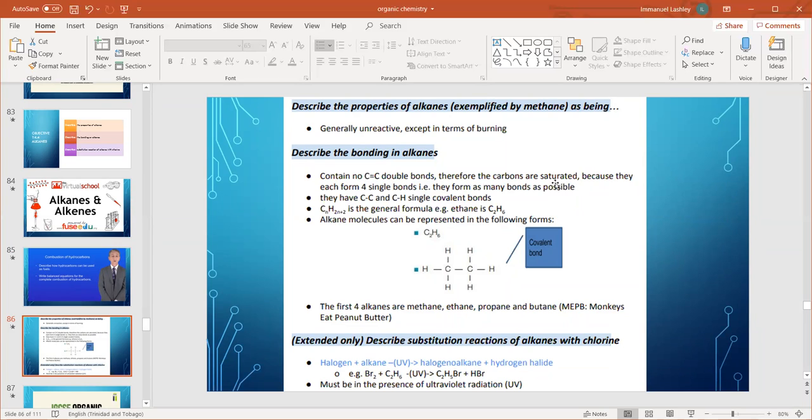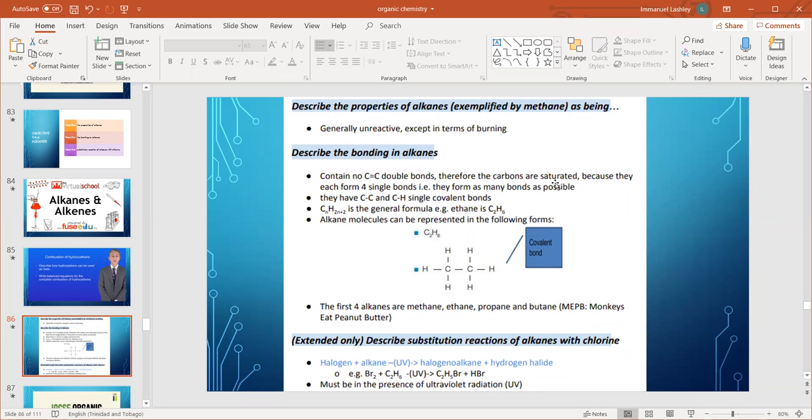Therefore, the carbons are said to be saturated because they each form 4 single bonds. That is to say, they try to form as many bonds as possible. They could have either carbon-carbon bonds or carbon-hydrogen bonds. But all these bonds are single covalent bonds.